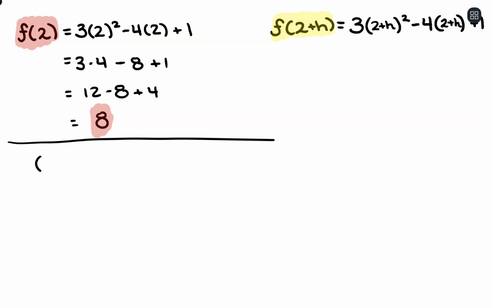2 plus h squared. The most common mistake is switching this to 4 plus h squared, and that is not correct. What we need to do is remember that 2 plus h squared is the same thing as 2 plus h times 2 plus h, which means we have a binomial multiplying a binomial, which means we need to FOIL.